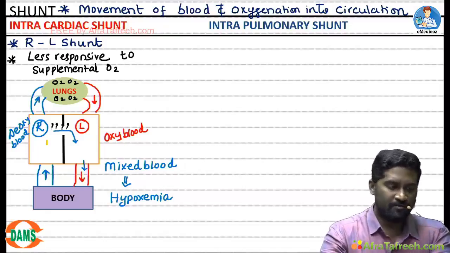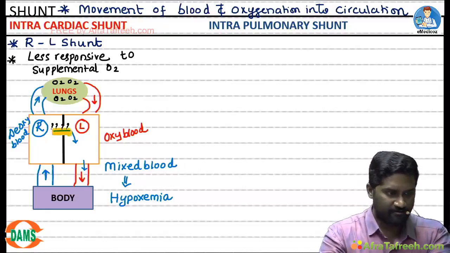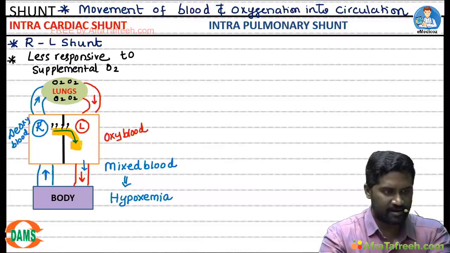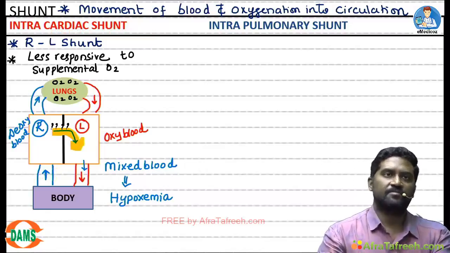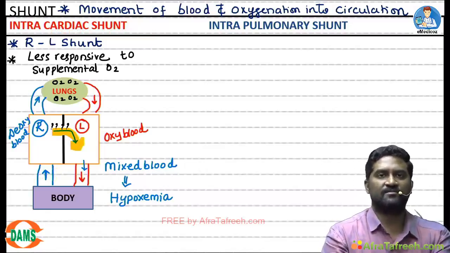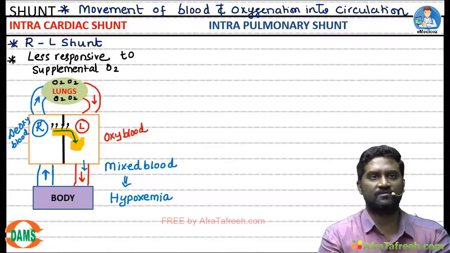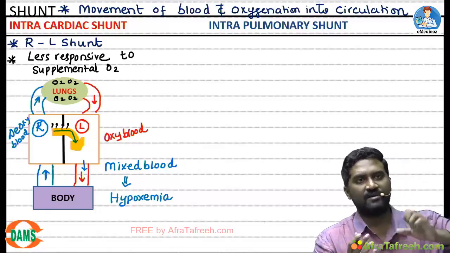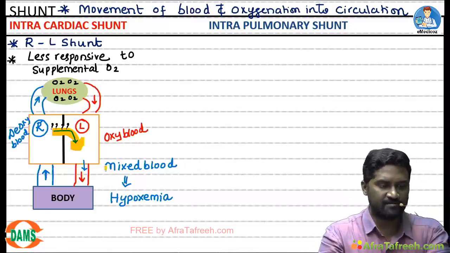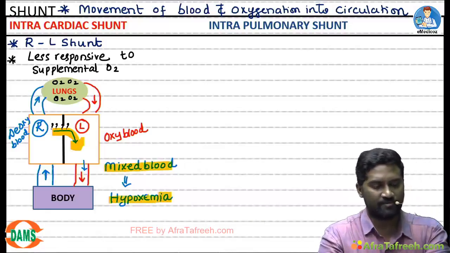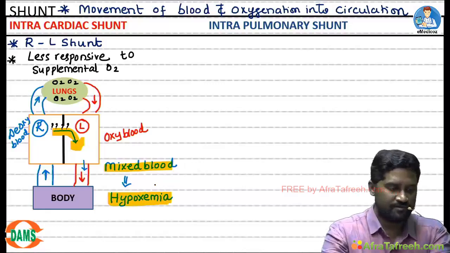So always there will be a fraction of blood going from the right into the left heart. So even if you give oxygen, it is not going to correct that shunt. So patient will not be that much responsive to oxygen. You give oxygen also, always the deoxygenated blood is mixing with oxygenated blood, resulting in persistence of mixed blood and hypoxemia.